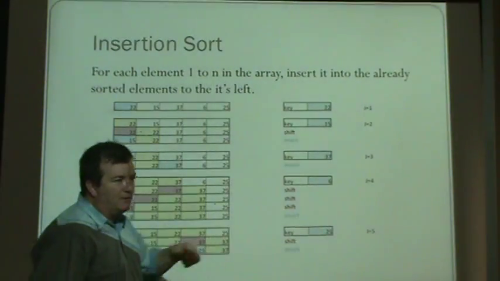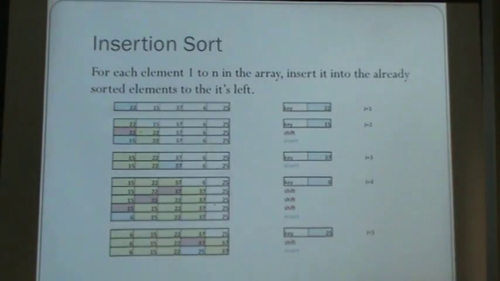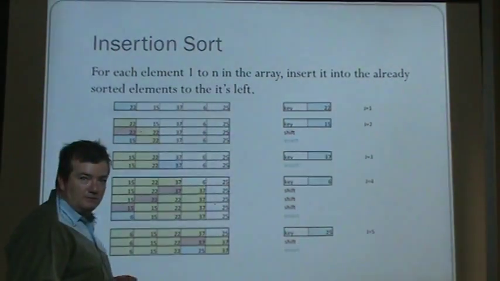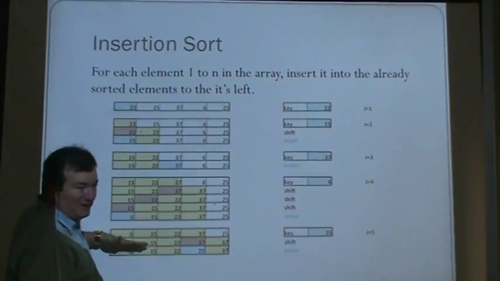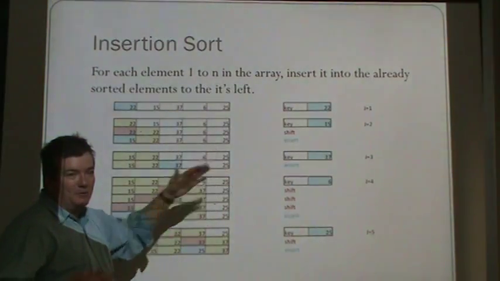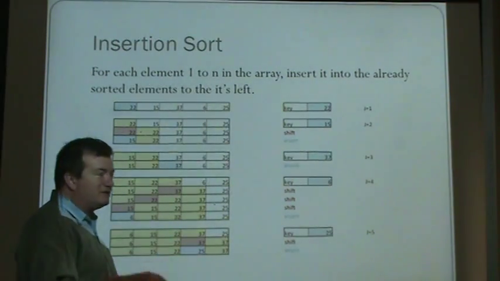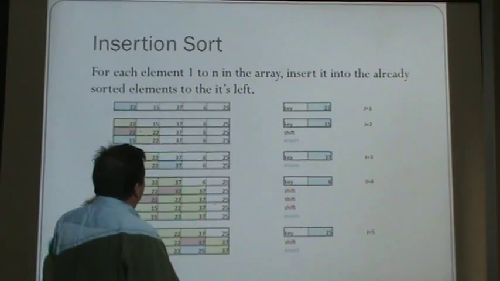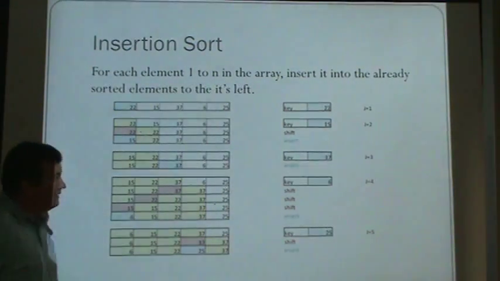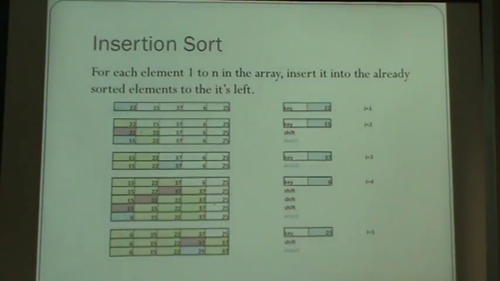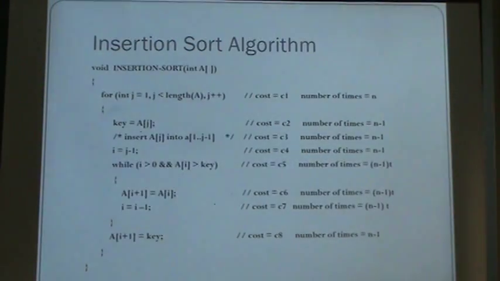How many times would we do that for this algorithm? N. Right? In this case it would be 5 elements, but if we do 10, it would happen 10 times. So depending on the size of the input, it's done n times.